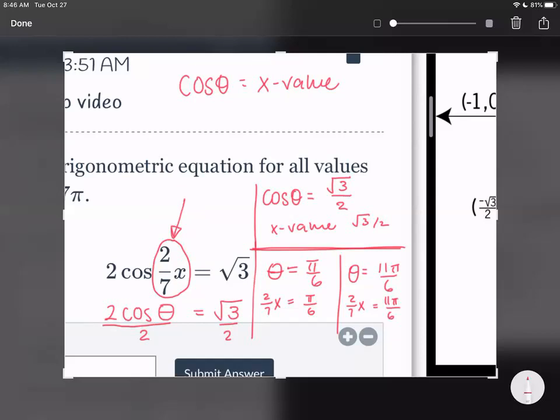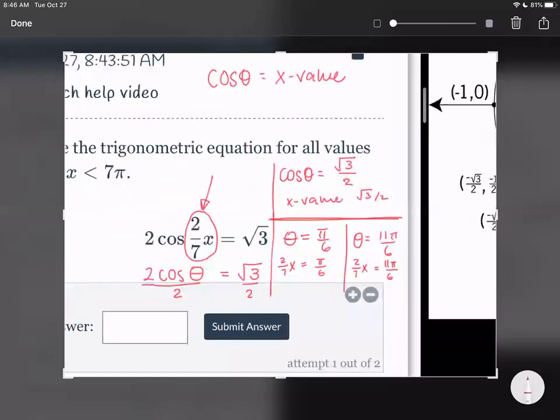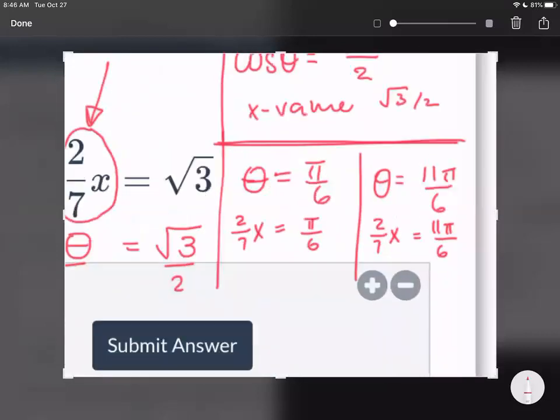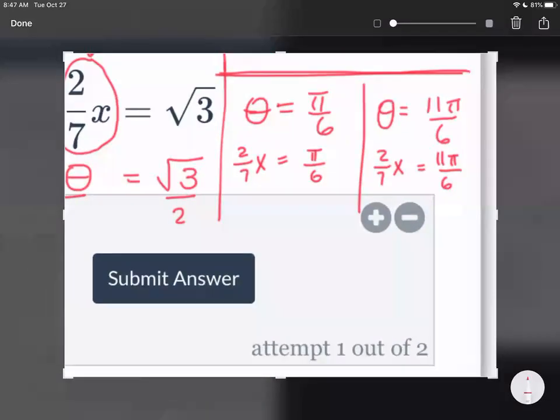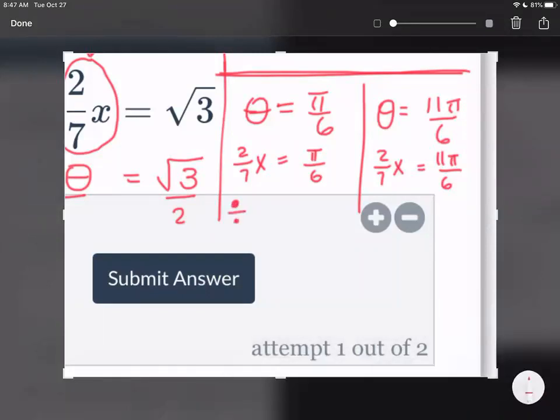Okay, so let me find myself some more space by zooming in more. We're going to solve for x. And so to solve for x, we can do it by dividing both sides by 2 over 7.